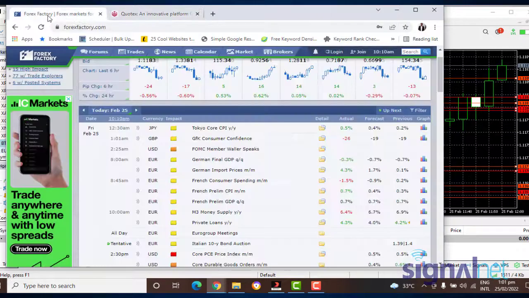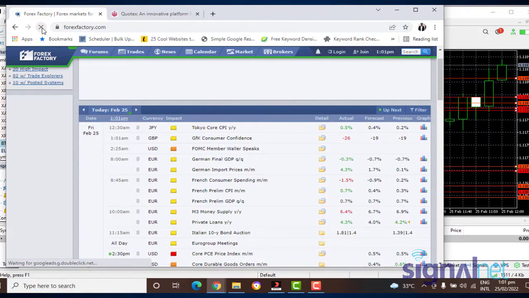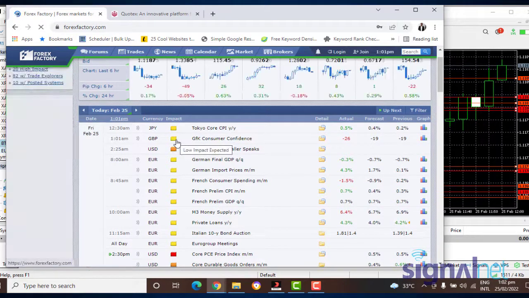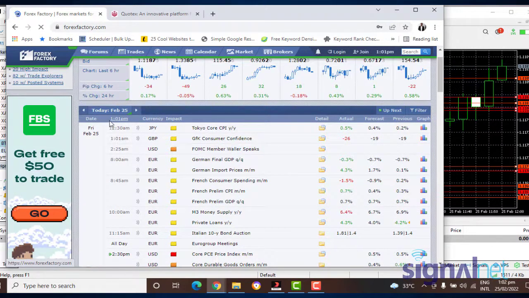So let's look at our fundamentals. This is Forex Factory, so I just usually check the news there and see what's happening. Okay, so at the same time, it just became 1 o'clock, so that may have been because usually by 1 o'clock I know that a particular market joins into the Forex market, so sometimes that may increase trading volume, and you will see the market acting in a different way.